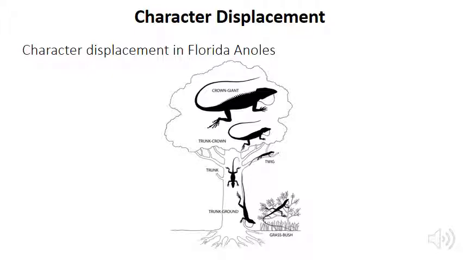There are lizard species that are adapted to perching on small twigs that have shorter legs. There are lizards that perch on the sides of large trees that have larger legs and behave slightly differently when confronted with predators. They have a behavior called squirreling, where they skirt round the other side of the tree when they're threatened.